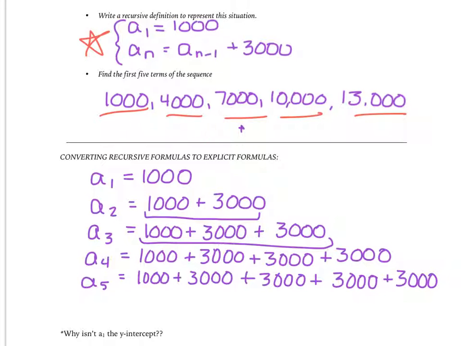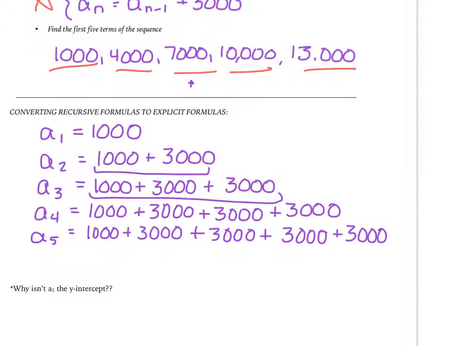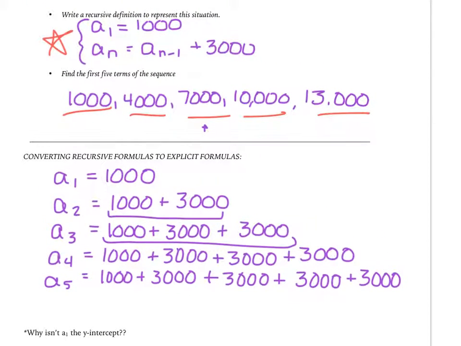Okay, so here's the pattern I want you to see. Look at what we did here. We had our starting value, so that's term 1. Okay, and remember up here, looking at this recursive formula, this is known as our D value. Okay, so when I look down here at the bottom, this first one's pretty straightforward.